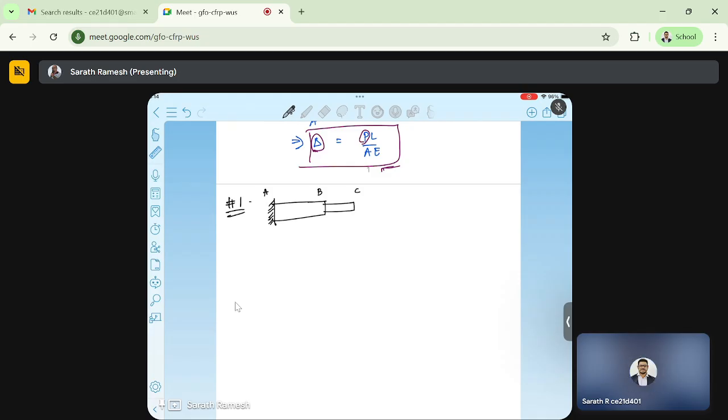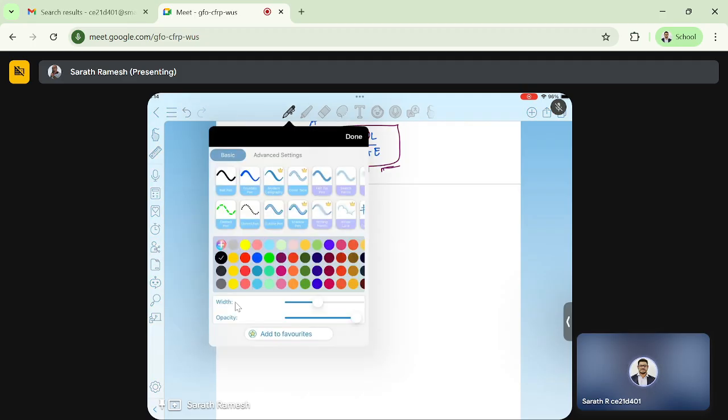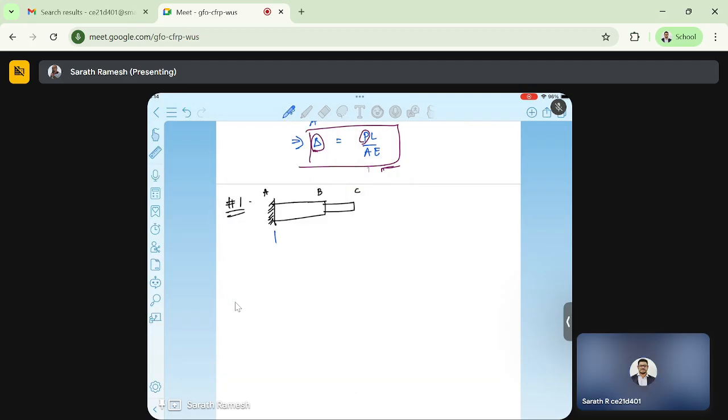This is circular, diameter variation is there, so it's a stepped shaft. Let me mark the dimensions. This is 2L, and this is L, and there is a load acting at this point B. This is P. So all the dimensions are given, and this is diameter 1, phi 1.